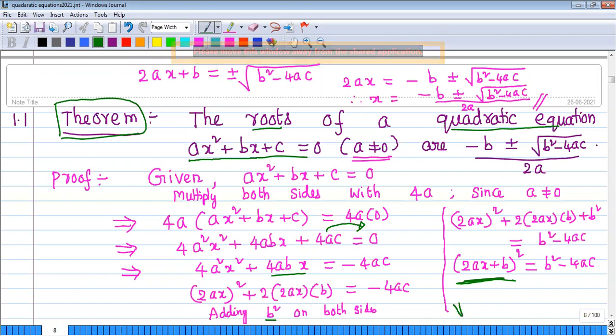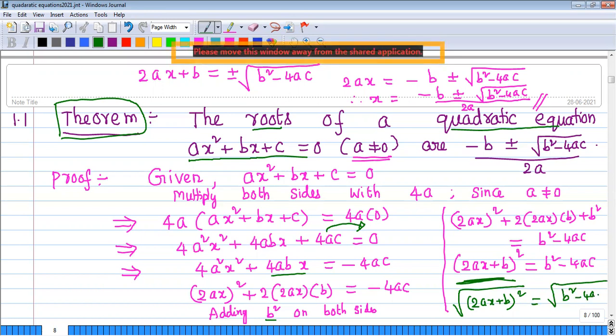Taking square root on both sides, root of 2ax plus b whole square equal to square root of b square minus 4ac. Generally you get plus or minus here. So that's why you see here 2ax plus b equals to plus or minus root of b square minus 4ac.